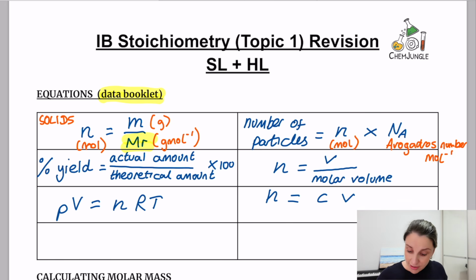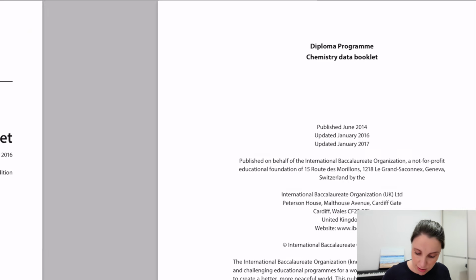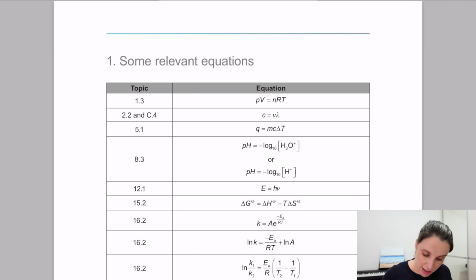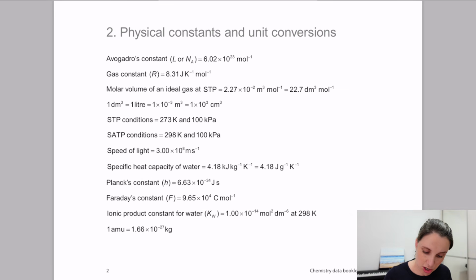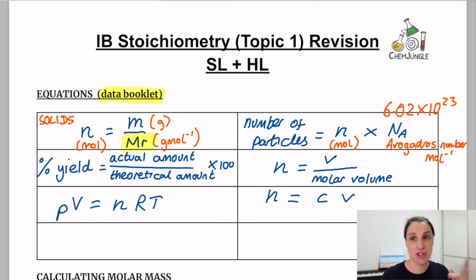So Avogadro's number, this 6.02 times 10 to the 23, you can definitely find in the data booklet. If you scroll along here to table 1, you've got all the equations, and then underneath in table 2, we've got Avogadro's constant, which is given in our section on constants. So that is super useful to know that that exists and that that is there for us. So we're going to highlight that in yellow too.